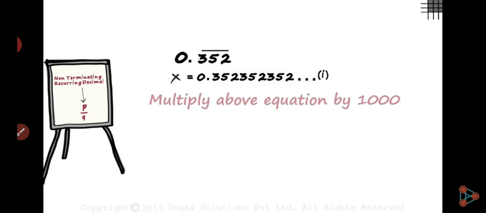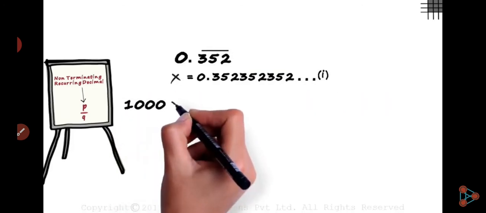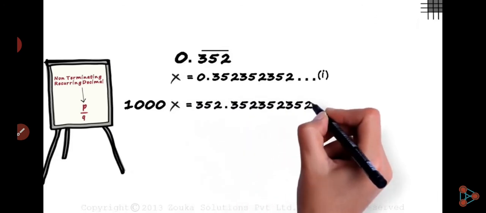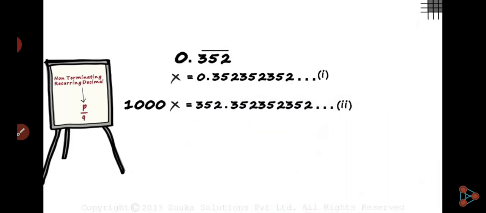If we multiply by 1000, we get 1000x is equal to 352.352 and so on. It's your equation number 2.